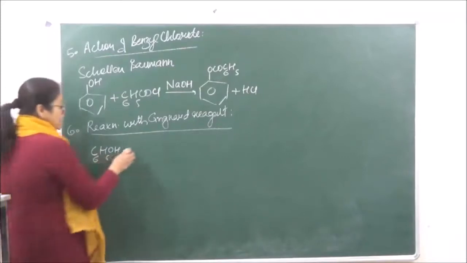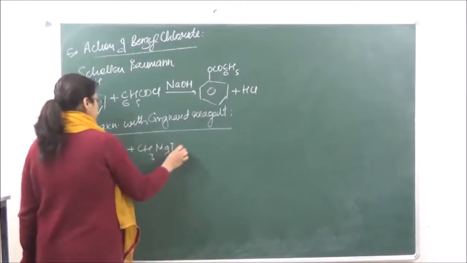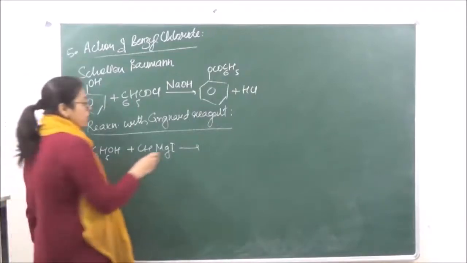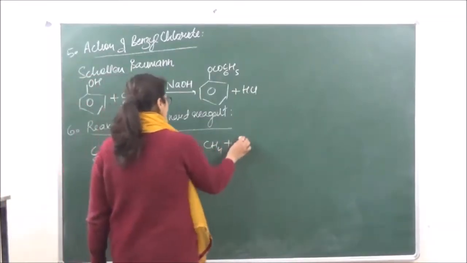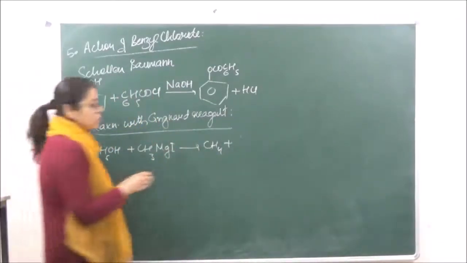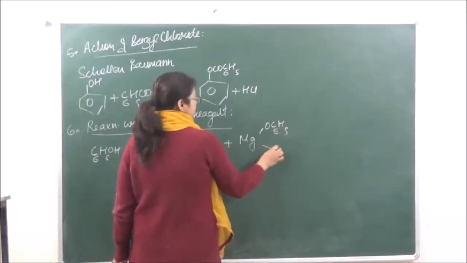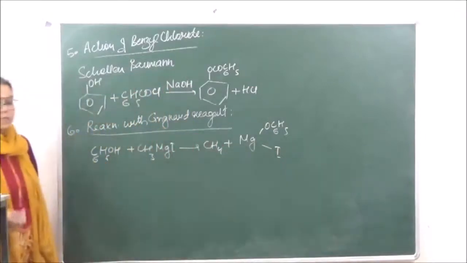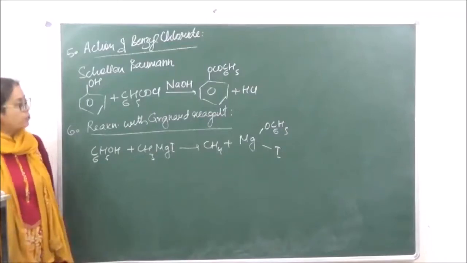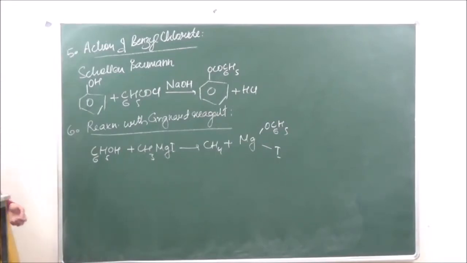We are reacting this with CH3MgI. Then we are going to get over here CH4 methane plus a compound of magnesium which is C6H5OMgI. Right? So these are a few of the reactions of the phenolic group. The second type of reactions which we are going to do, they are reactions of the benzene ring.